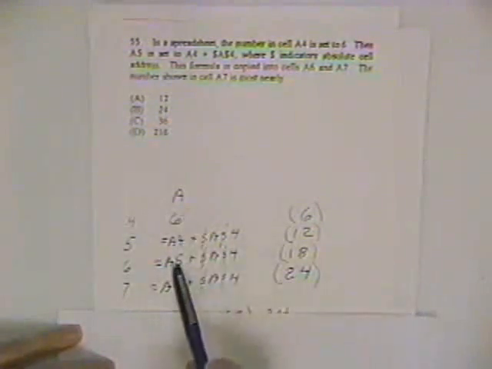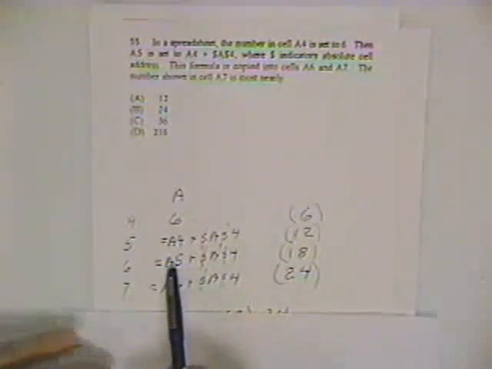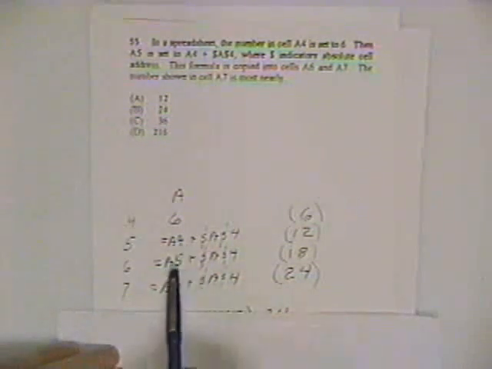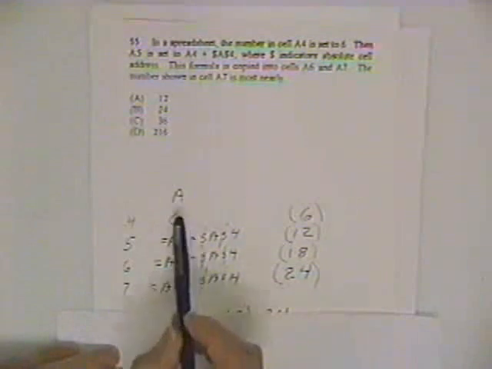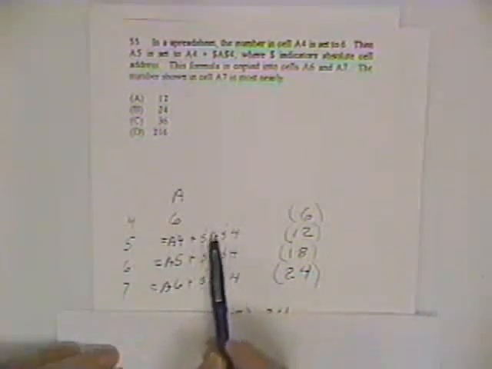So when it is copied into the cell below it, the value is copied in a relative manner. It still refers to the cell that's directly above it. So it doesn't refer to A4, now it refers to A5, which is the cell that's directly above A4. But the absolute address is copied absolutely.